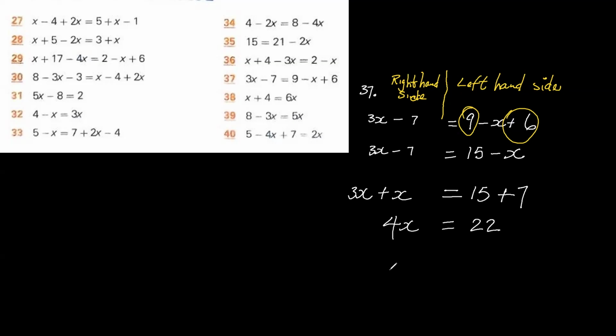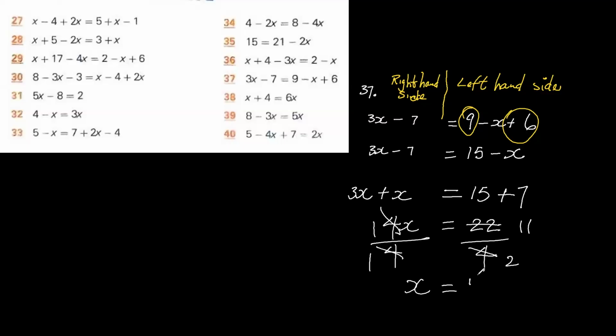So, Trinity, what am I dividing by? 4. So 4 into 4, 1. So I'm left with x. 2 into 4, 2. 2 into 22, 11.